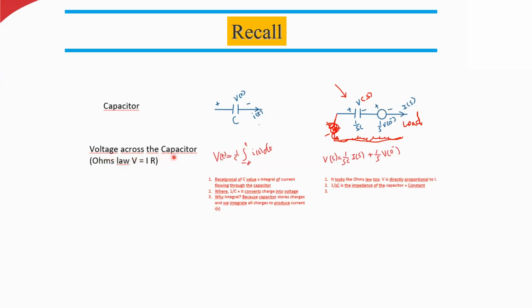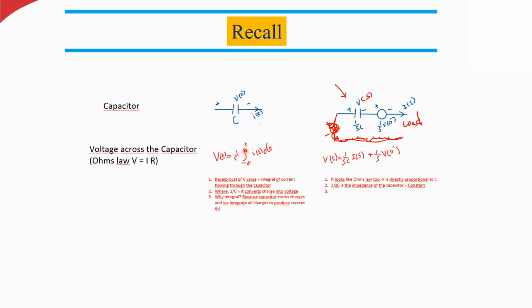Voltage across the capacitor is V of t equal to 1 divided by C integral from minus infinity to t of I of t times dt. So this is the standard formula to calculate the voltage drop or the voltage potential across the capacitor.